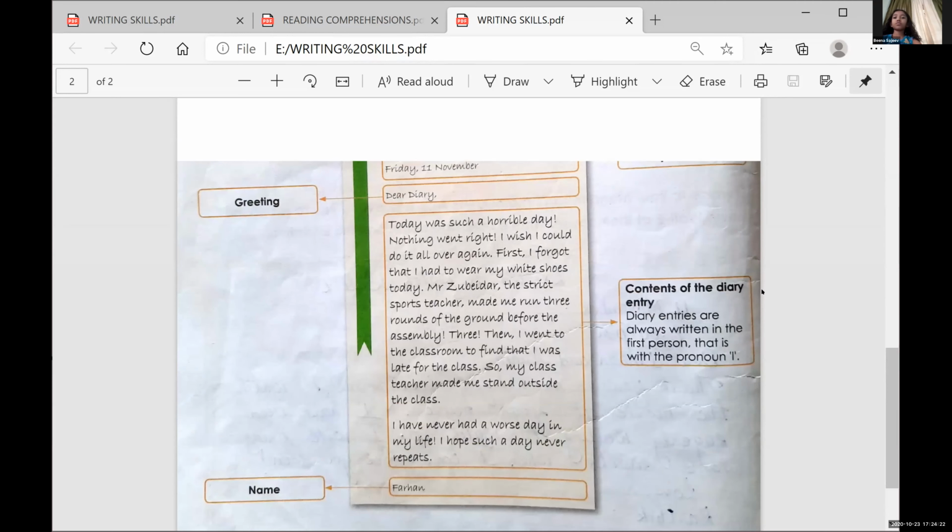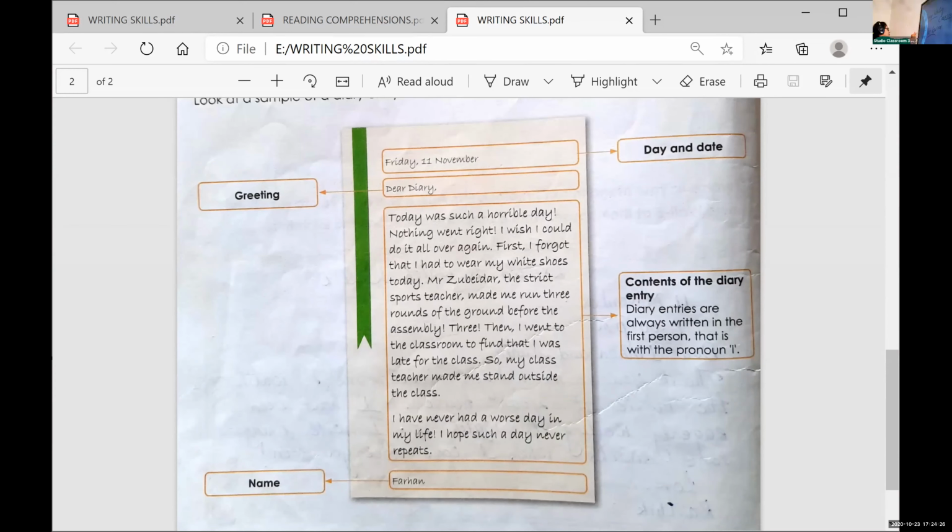Yes. Okay, fine. Okay, you cannot see? Just a moment. I'll share it once again. Now, here it is. Got it? Adika, can you see it? Ma'am, I can see. The same page that is there on your workbook. Okay. Now, this is the format of the diary.